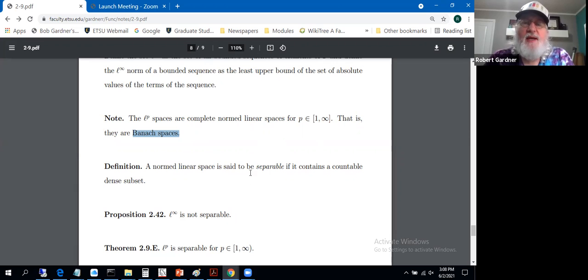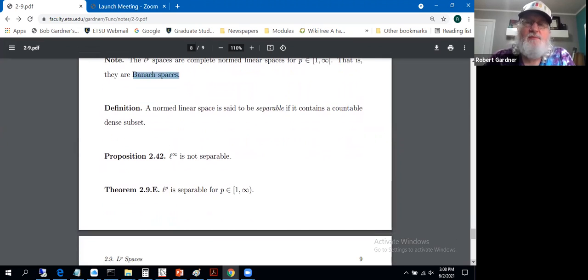A normed linear space is said to be separable if it contains a countable dense set. Okay, we're going to look at some supplemental material that talks more about this. We're not terribly interested so much hands-on with a countable dense subset, kind of got my eye on the bases.